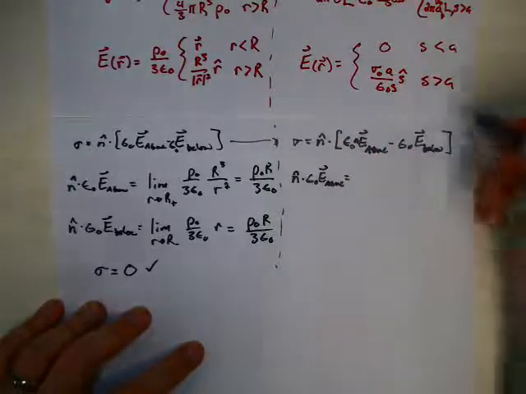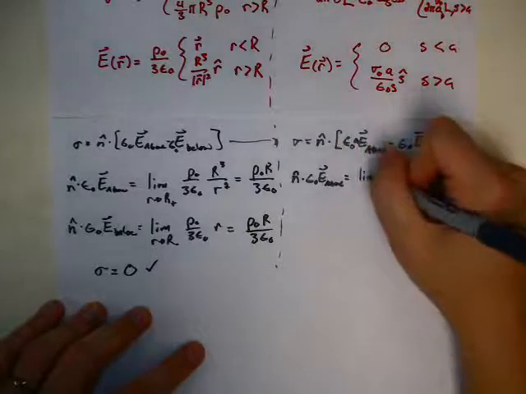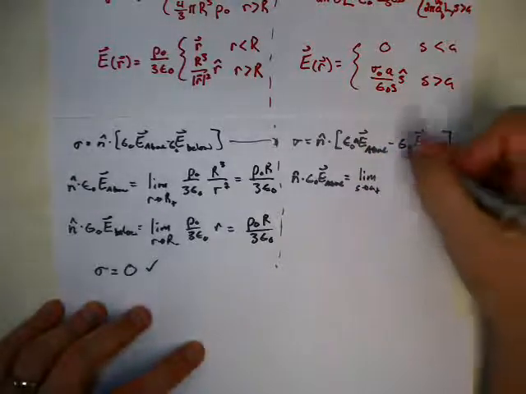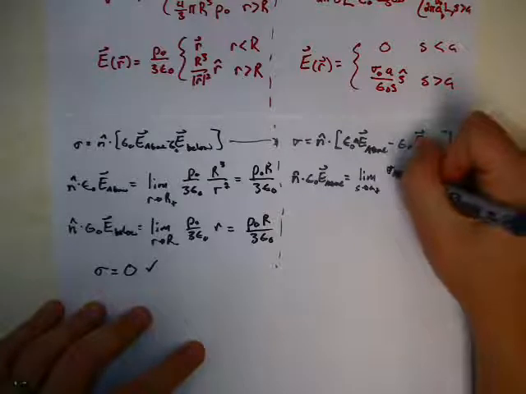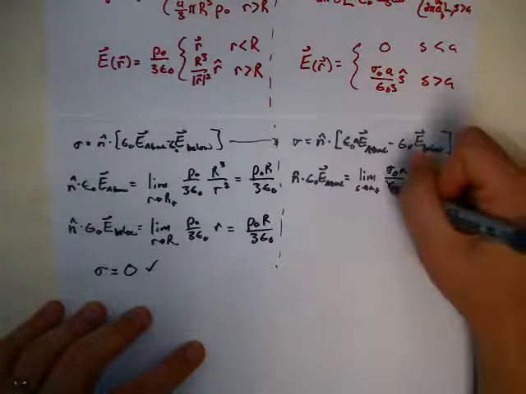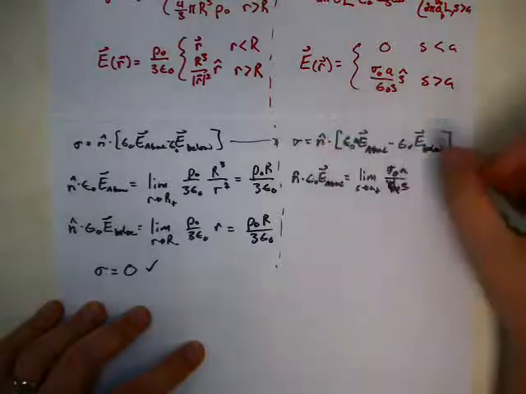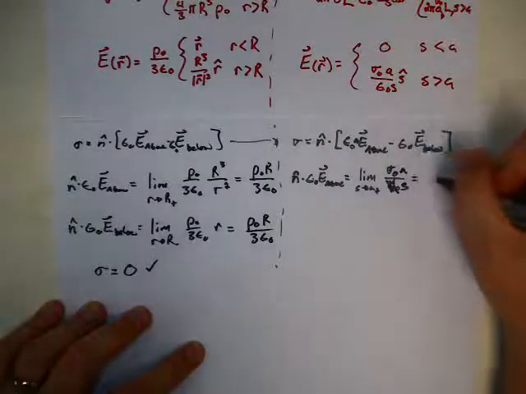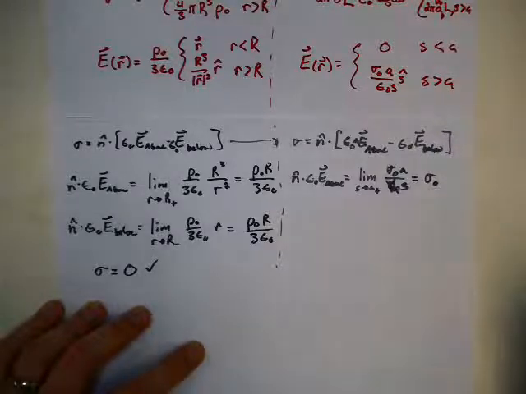This should be equal to the limit as s goes to a from the positive direction of sigma naught a over epsilon naught s. Oh, the epsilon naught goes away, that cancels with that one. Which is of course going to be equal to sigma naught.